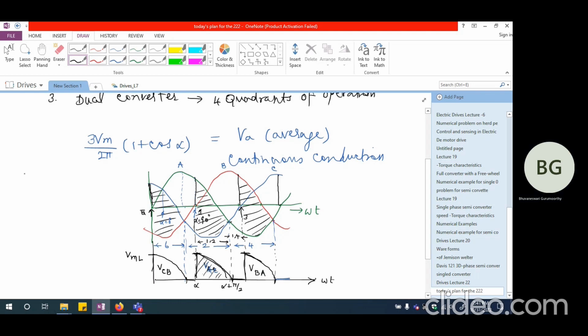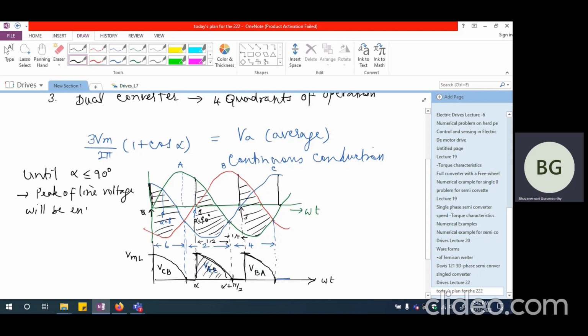So as long as alpha is less than or equal to 90 degrees, the peak of line voltage will be encountered by the armature.